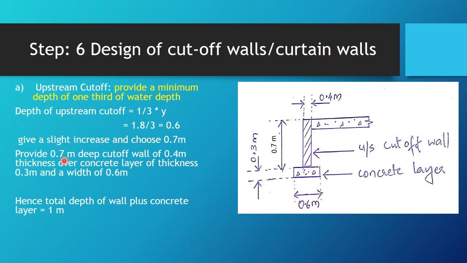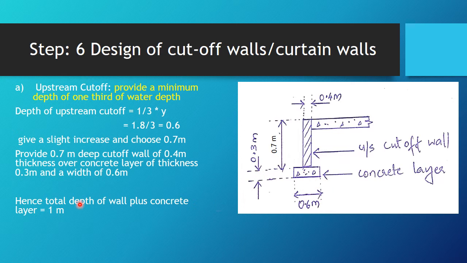Now provide a 0.7 meter deep cutoff wall with 0.4 meter thickness over a concrete layer of thickness 0.3 meter and width of 0.6 meter. That means this hatched portion is the cutoff wall which has a depth of 0.7 meter and a thickness of 0.4 meter. Now below that we have to provide a concrete layer which has a height of 0.3 meter and width of 0.6 meters.